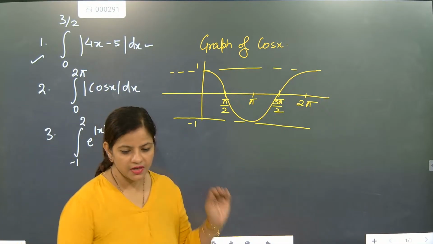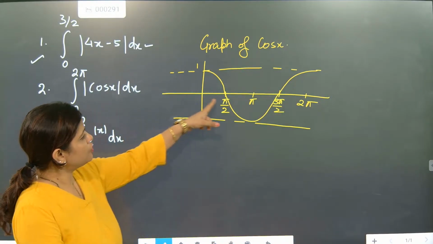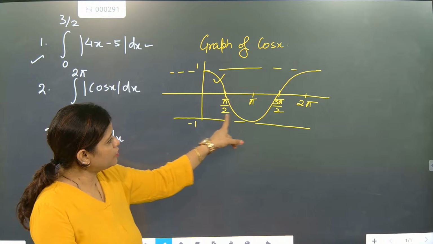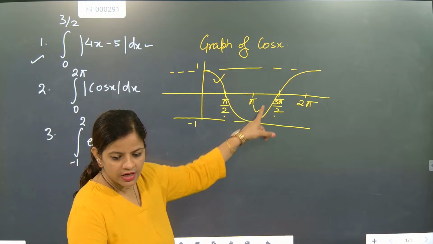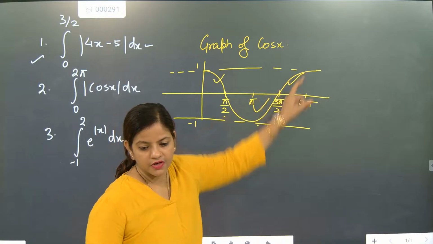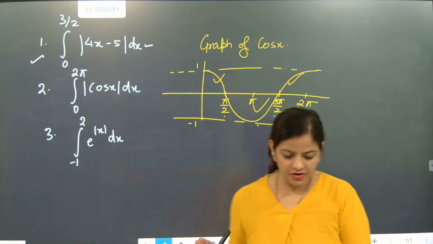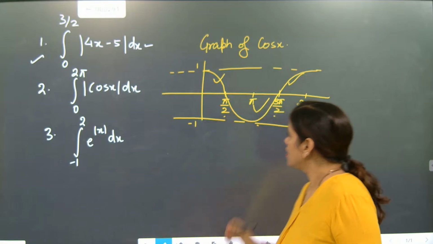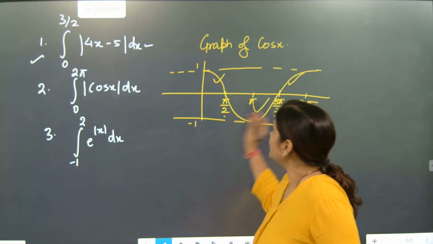You need to understand that from 0 to pi by 2 it is positive, pi by 2 to 3 pi by 2 negative, and 3 pi by 2 to 2 pi positive. So how many regions are you having, beta? You are having three regions. Understood? So what we will do, we will make the chart.